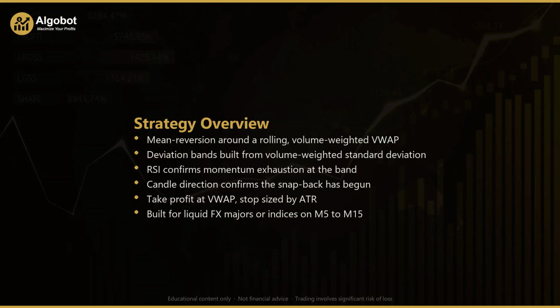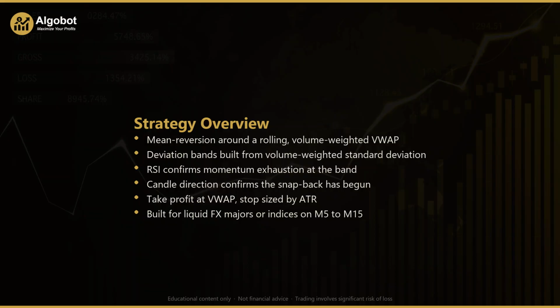Because the engine runs on a single symbol and time frame, the EA builds a rolling VWAP over the last 30 bars by default, weighting each bar's typical price by its volume. Around that VWAP, it constructs deviation bands using the volume-weighted standard deviation of price. The upper and lower bands sit a chosen number of standard deviations away, and they automatically widen when volatility rises and tighten when the market calms down.